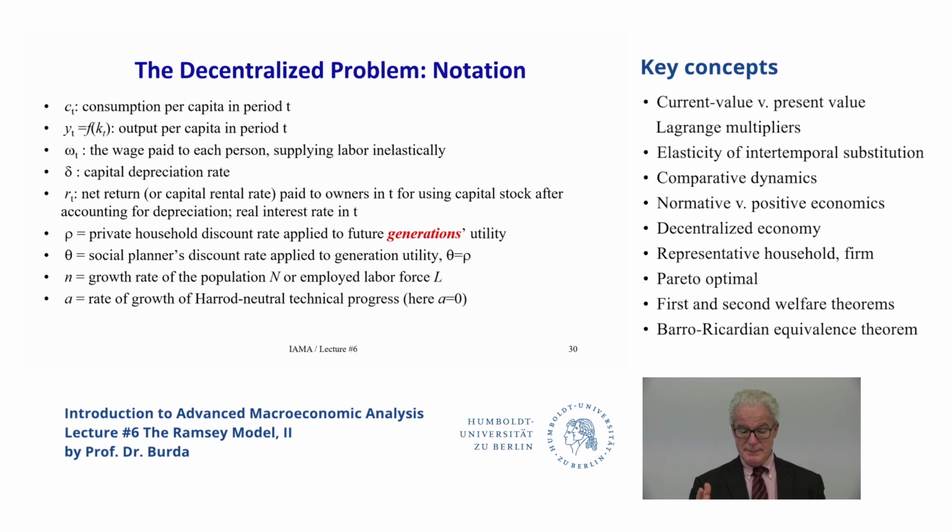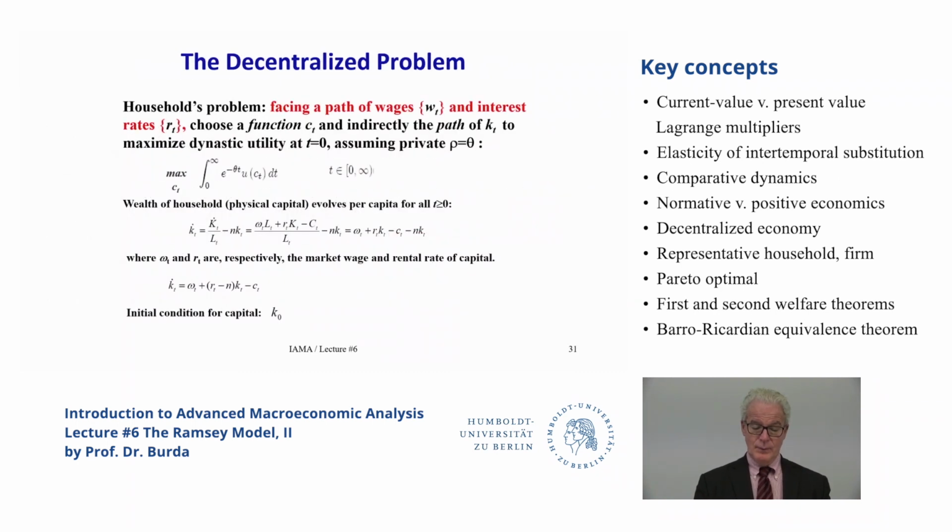So we can use the same notation that we had before, and we can consider the problem of a household facing a path of wages and interest rates, choosing a function, and by way of the intertemporal budget constraint, we didn't directly choose the path of capital in that household per capita to maximize the utility of that household.